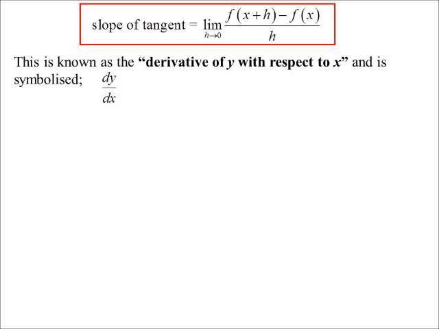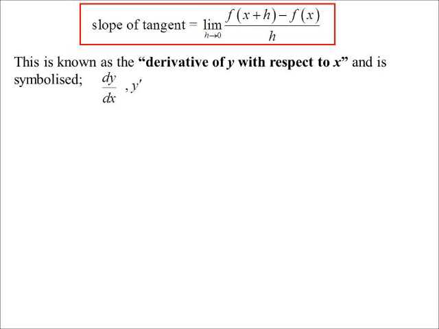Different symbols. Probably the most common we see is dy dx. The d probably evolves from the Greek letter delta, and delta is often used in science and maths to represent change. So that's probably where the d came from, I would imagine. Sometimes it's y with a dash or a prime, some people call it, but an apostrophe, I suppose some people even call it.